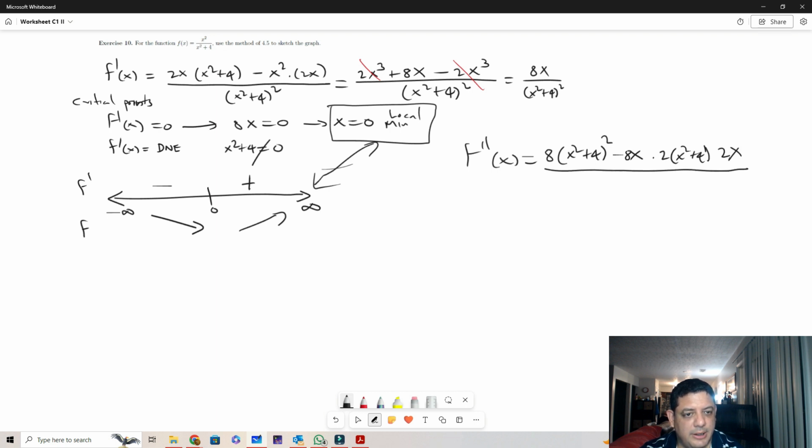And of course, the bottom squared, so (x squared plus 4) to the 4th.